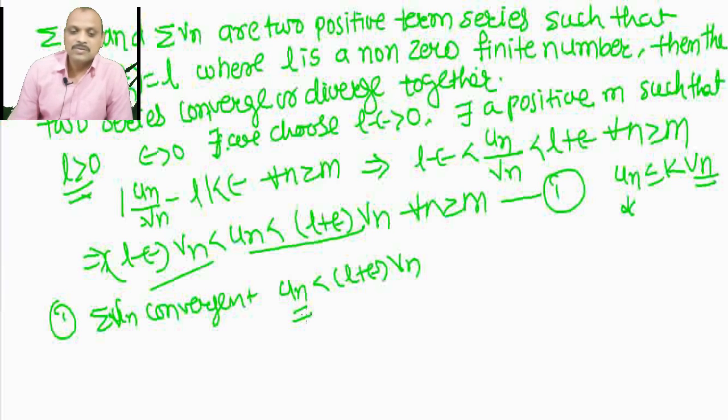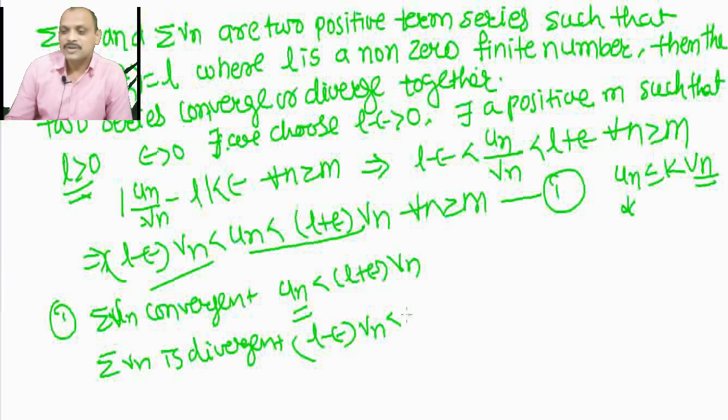Now whenever Vn is divergent, then from the first part, L minus epsilon into Vn is less than Un, and as Vn is divergent, Un is also divergent. So depending on Vn convergent, Un is convergent, and Vn divergent, Un is also divergent.